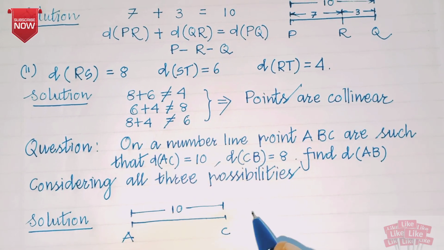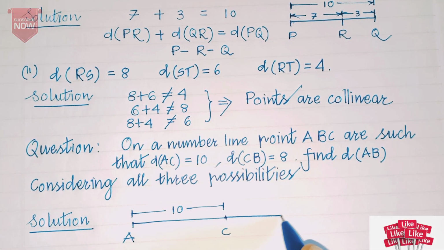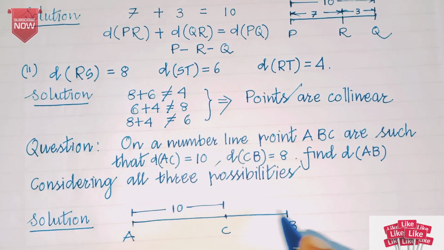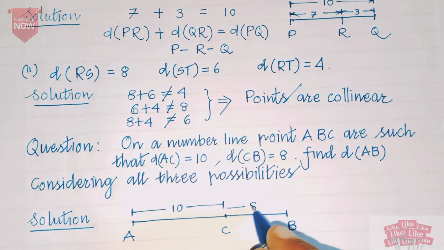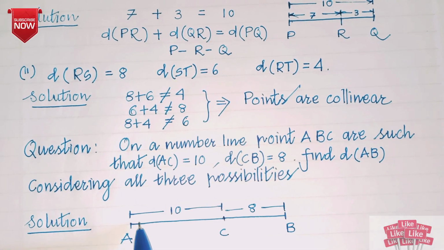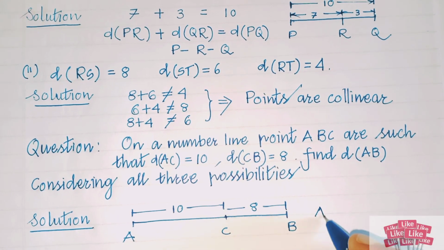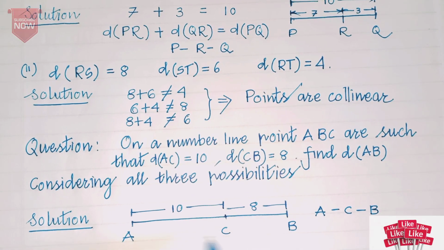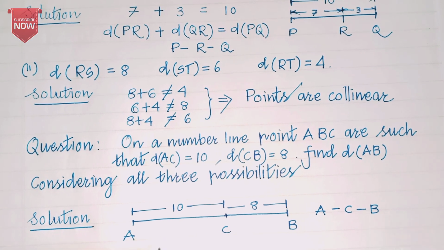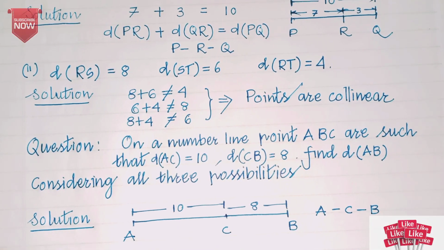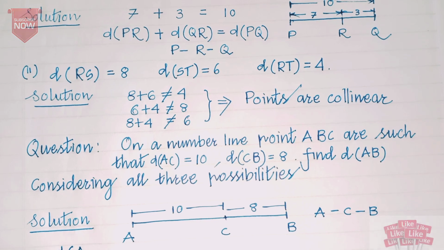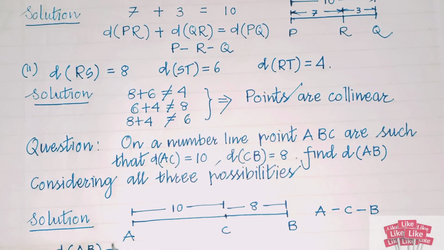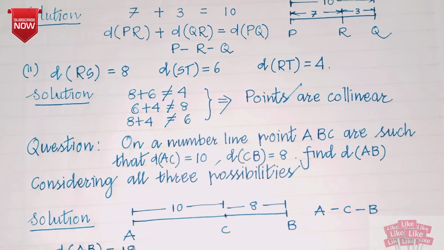After that CB is given, it is equal to 8. Now make addition here. It is ACB, showing the betweenness. So distance AB is equal to 18.